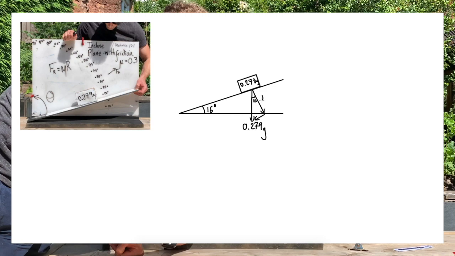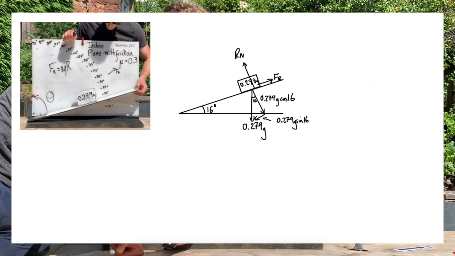Our force into the plane is 0.279 G cos 16, and the force along the plane is 0.279 G sine 16. We have a reaction normal this way, and we have a frictional force Fr in this direction.